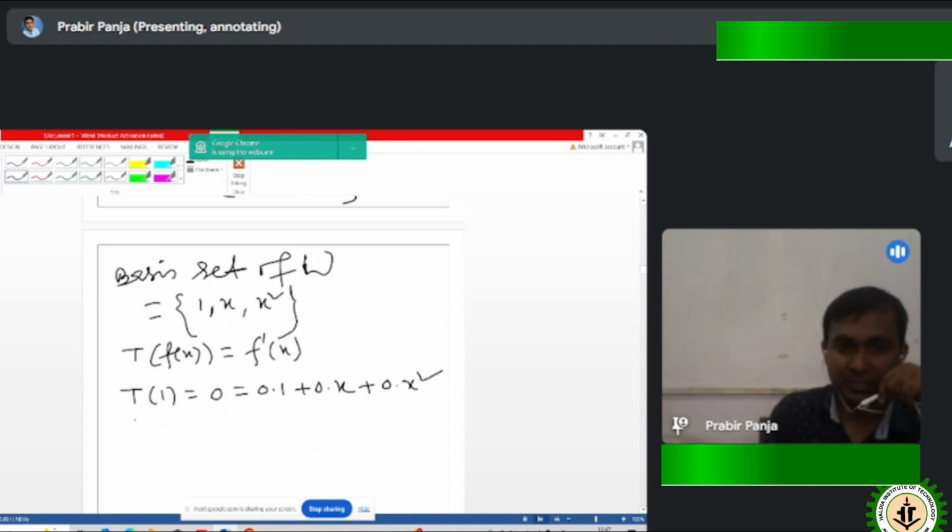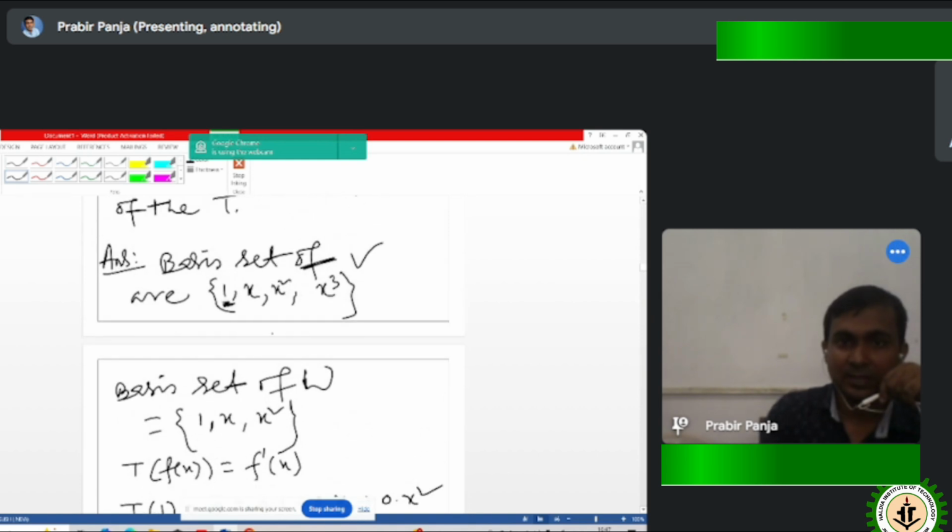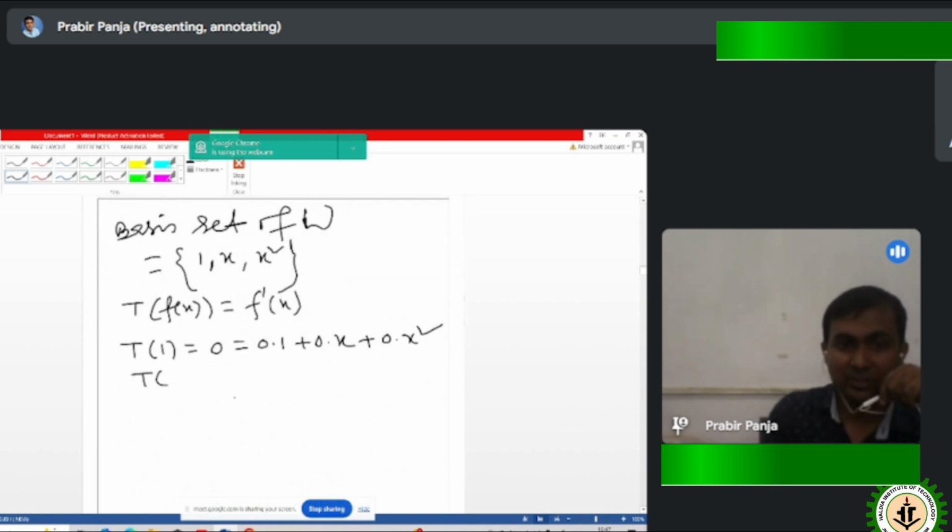Similarly, if we take the second element from the basis set of V, it is x. So T of x will be 1, because after the derivative x becomes 1. We write this 1 as a linear combination of 1, x, x square: 1 into 1 plus 0 into x plus 0 into x square.